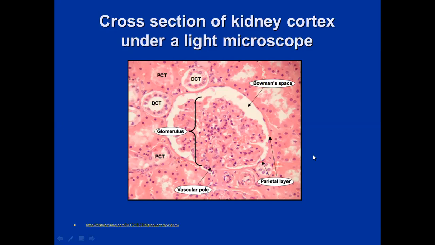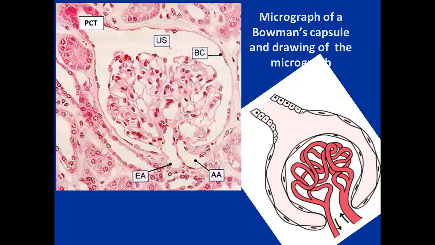Those are all the little blood capillaries of the peritubular capillary network. Now, how do you know this is the cortex and not the medulla? Because it contains a renal corpuscle, and it's got distal convoluted tubules and proximal convoluted tubules. That's how you know that it's the cortex and not the medulla. Does that make sense? I hope it does.